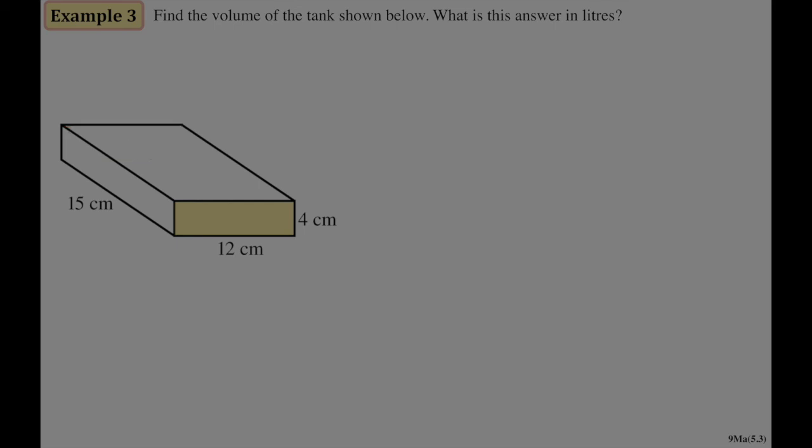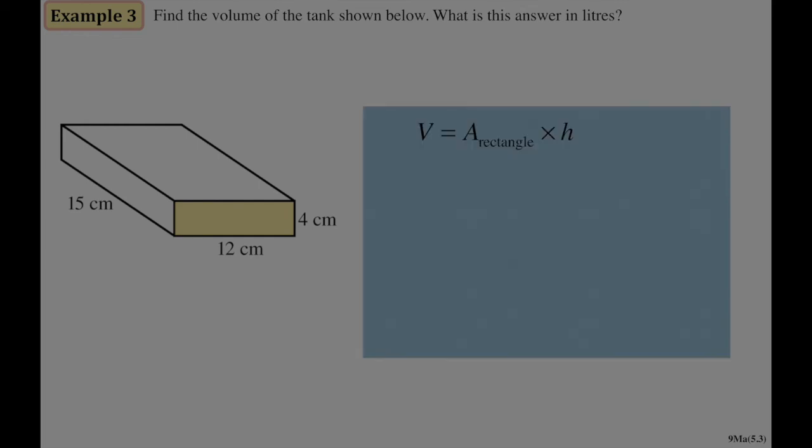This is a prism. Now the formula for the volume of a prism is the area of the rectangle at the front times the height. The rectangle at the front is 12 times 4 or 4 times 12, the height 15, and I get my answer of 720 centimetres cubed.